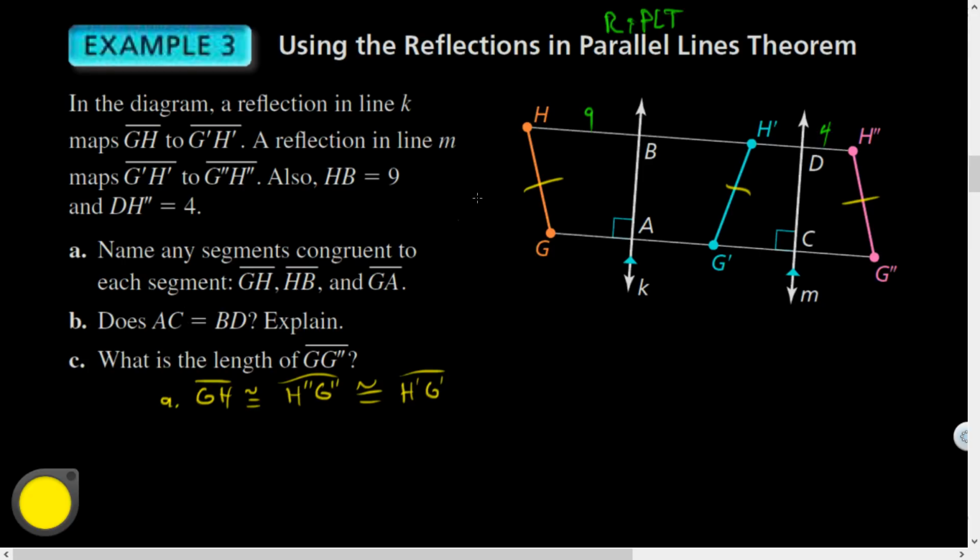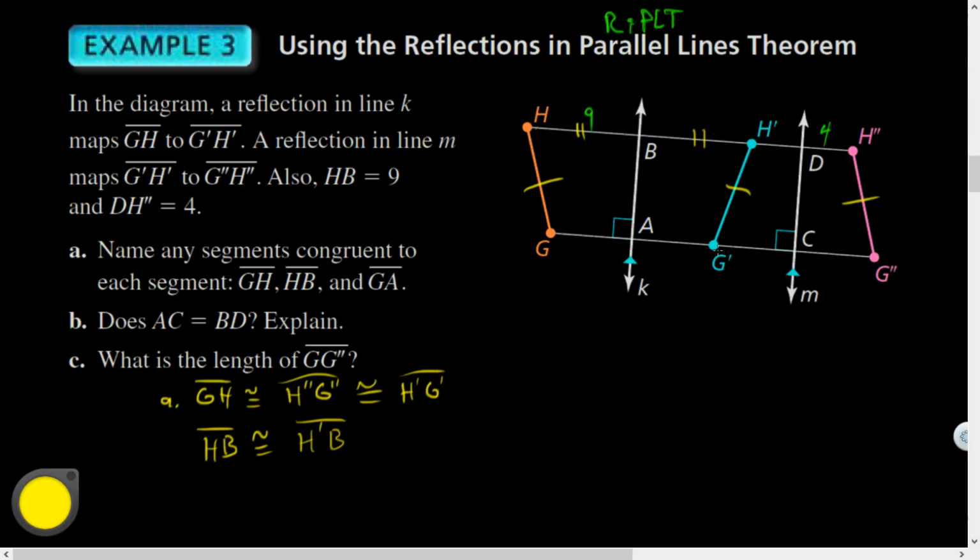How about HB? Who's HB congruent to? H prime B is going to be congruent because this point and its image are going to be equidistant from the line it's reflected over.